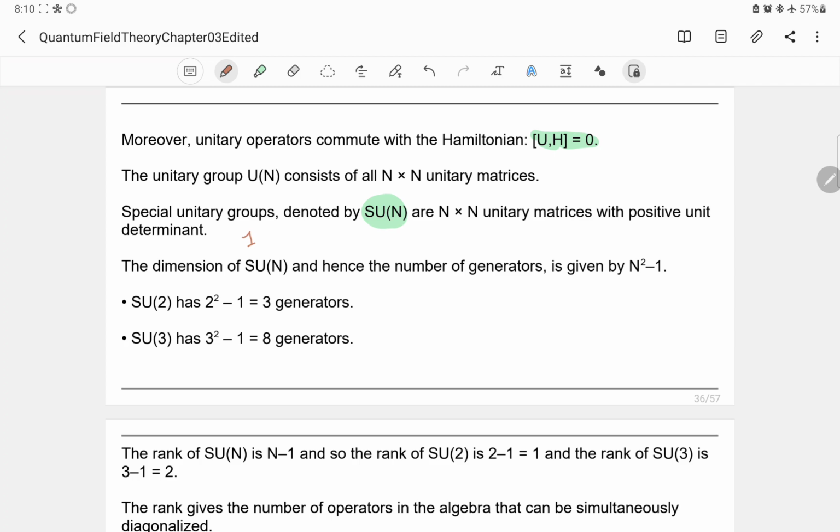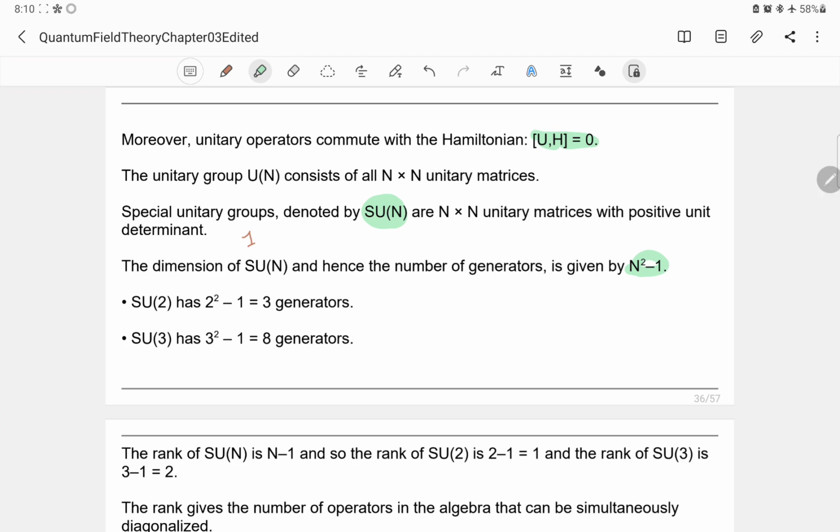The dimensions of SUN, and hence the number of generators, is given by n square minus 1. And so for SU2 there are 3 generators, and for SU3 you have 8 generators.